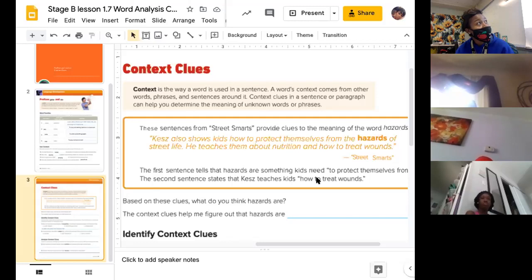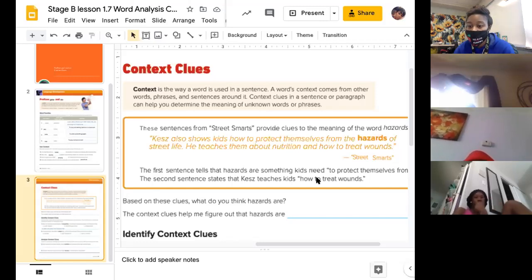Kes also shows kids how to protect themselves from the hazards of street life. I think it's a noun. What do you guys think? Hazards is a thing. You guys agree? Yes, no, maybe so?